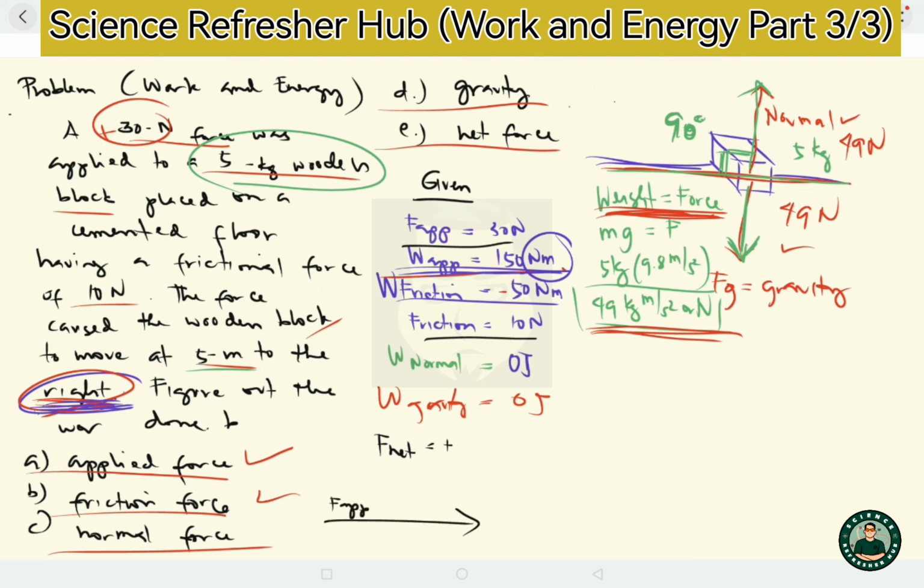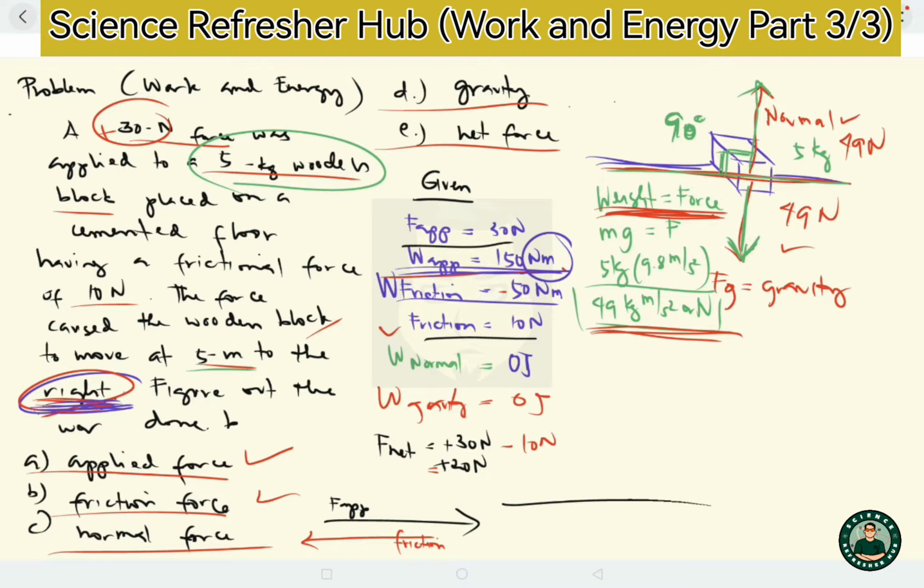So we can have positive 30 Newton. And we have our friction force. It's opposing the applied force. That's going to be our friction force. It's going to the left, so we can have minus 10 Newton. 30 minus 10 is 20. 20 Newton. It's positive.